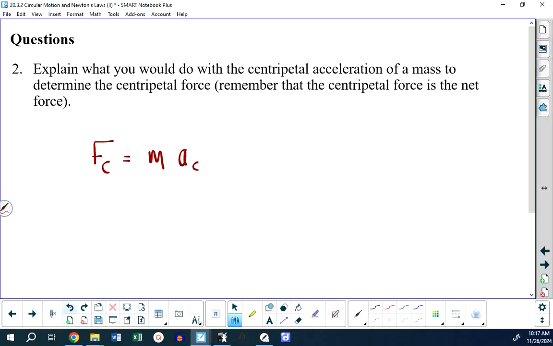And you'll find a couple of formulas for F sub m, which is magnetic. You will not find F sub c because it's not a type of force like the others are. What F sub c is, is the net force. So this is what you do to the acceleration, the centripetal acceleration, to find the net force.